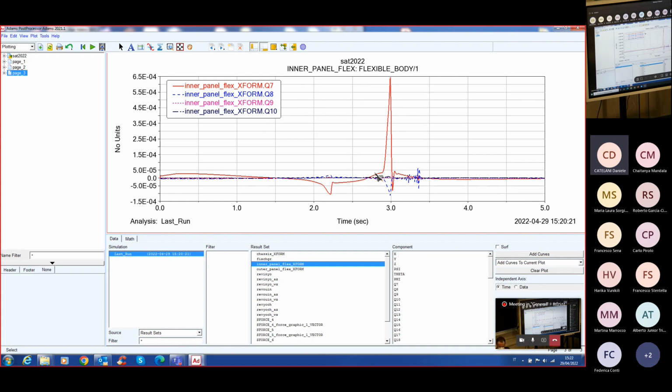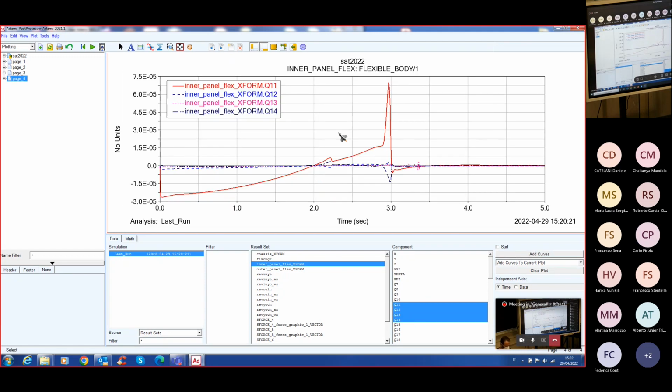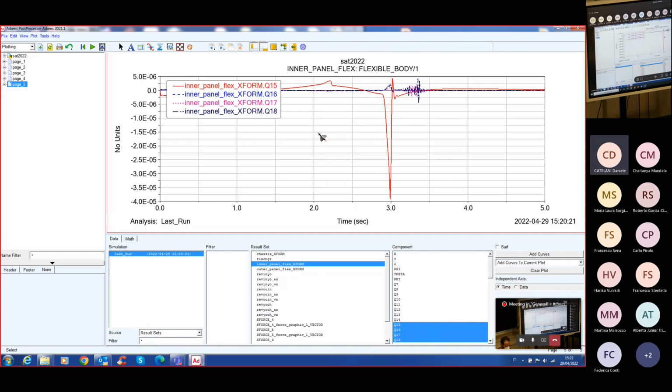So we see that mode number 7 and mode number 8 have an important contribution with respect to mode number 9 and mode number 10, which have a small contribution, but not negligible, because if you look at other modes, also mode number 11 is important. And if we see other modes, like mode number 15, it is important.